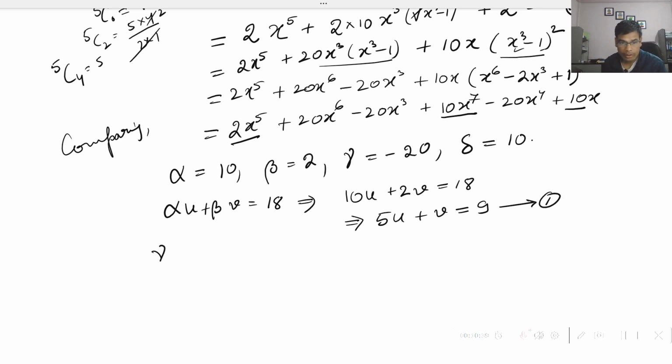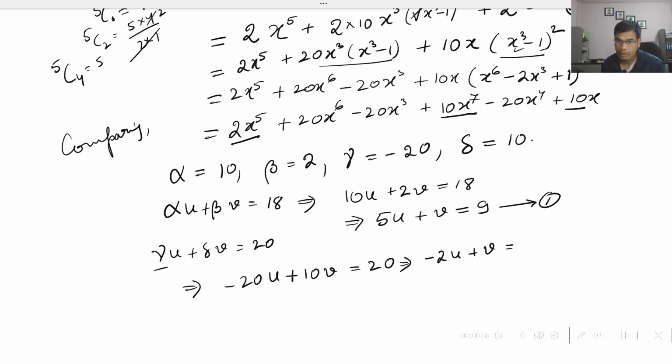The second equation is gamma u plus delta v is equal to 20. Which implies gamma is minus 20u, delta is 10v, is equal to 20. So you divide throughout by 10. So we have minus 2u plus v is equal to 2. So this is equation 2.